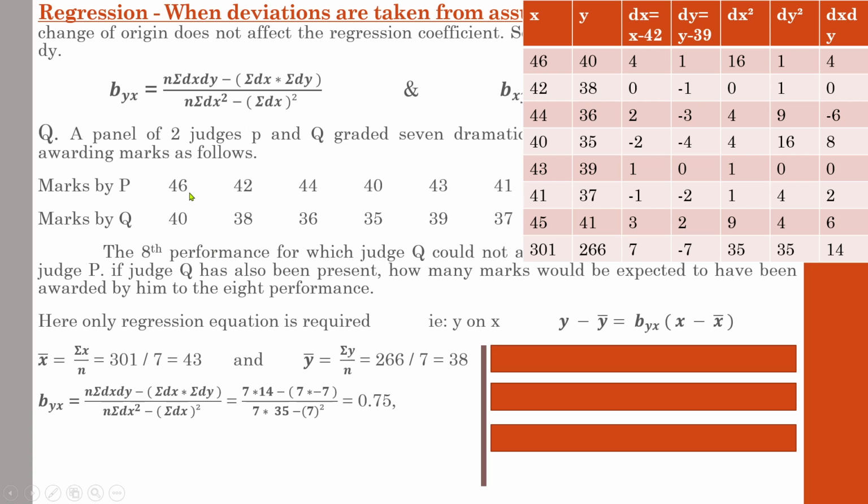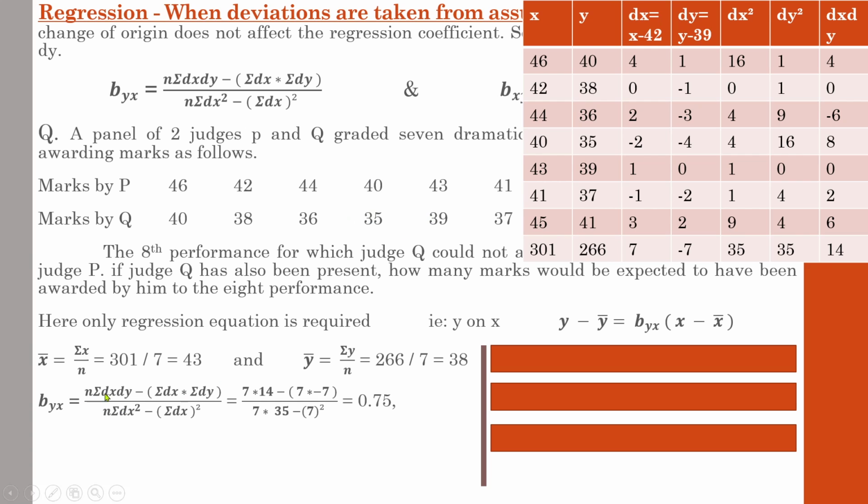Remember, here we are studying the details of only 7 performances. You may get confused because in the question it is mentioned that there was an 8th performance. But never take 8, because in the question the complete details are given only for 7 performances.